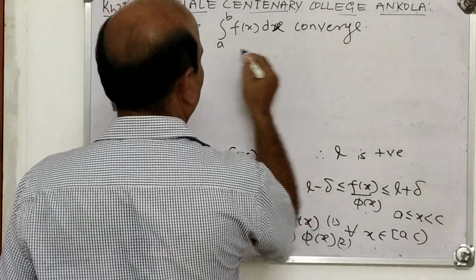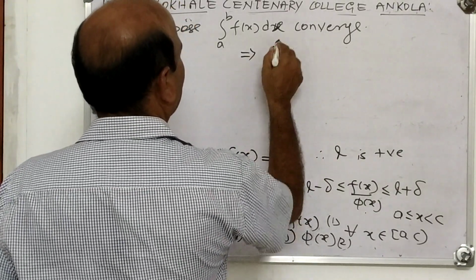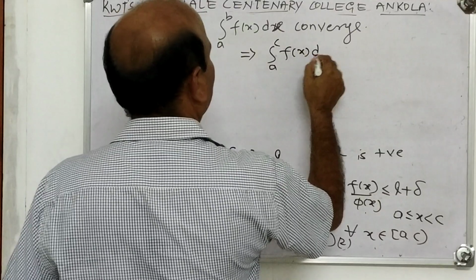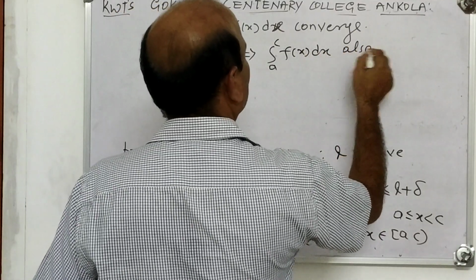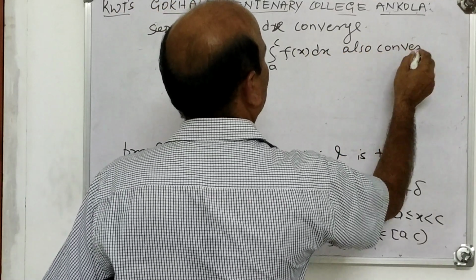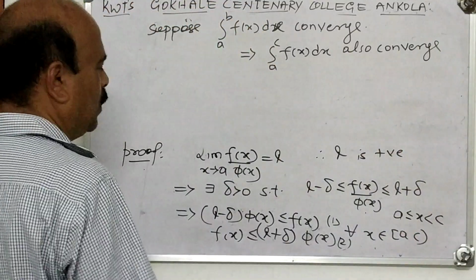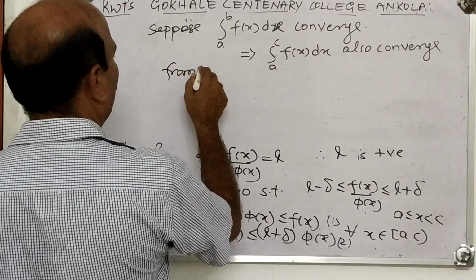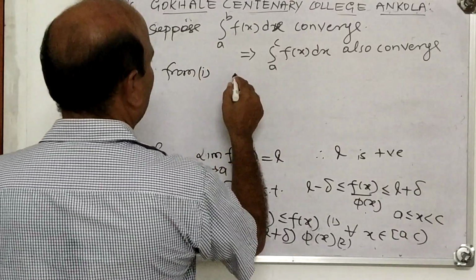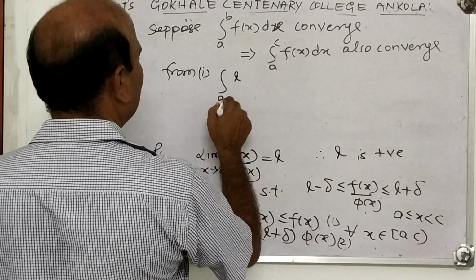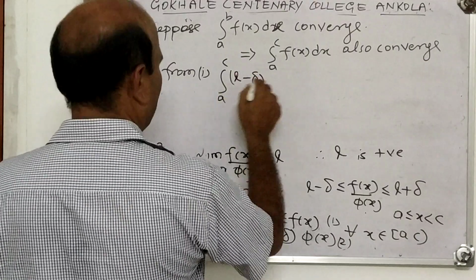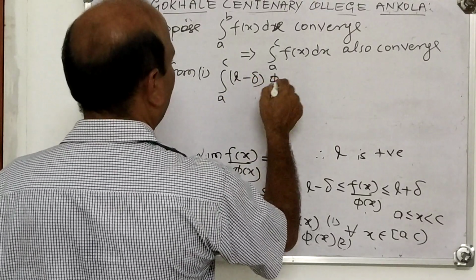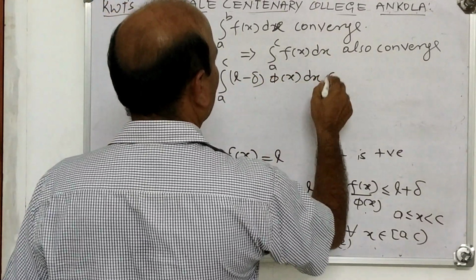This implies the integral from a to c of f(x) dx also converges. Now from 1, the integral from a to c of (L minus δ) φ(x) dx converges.